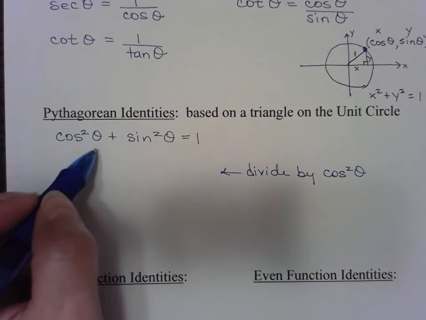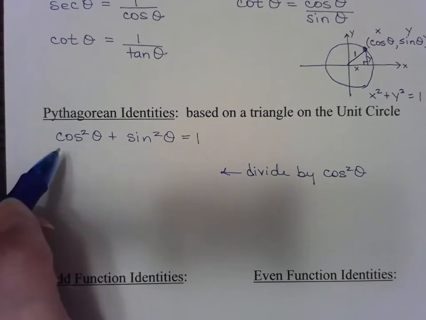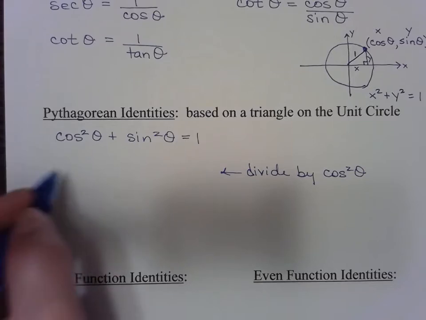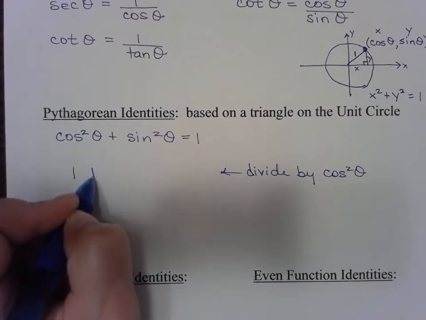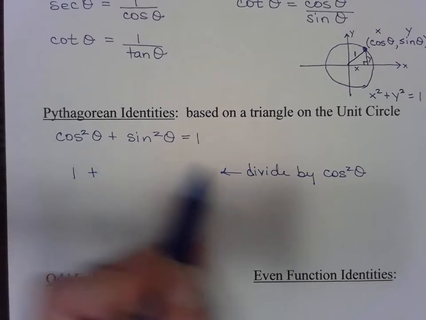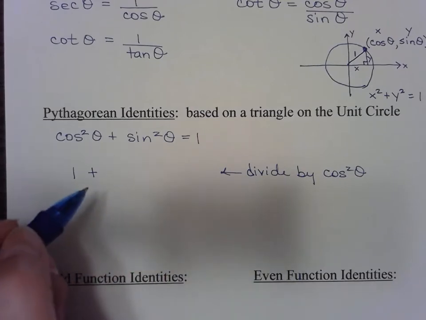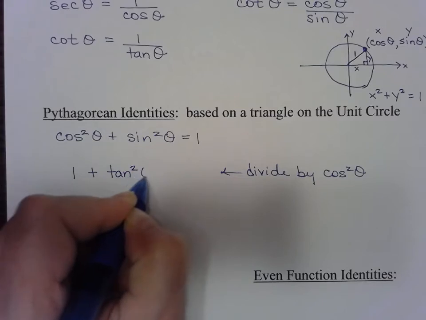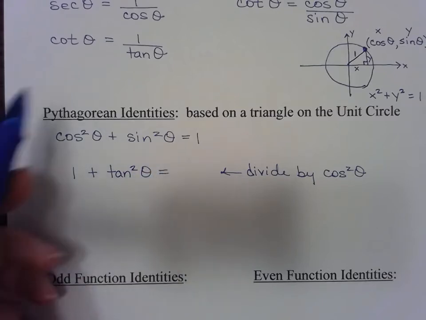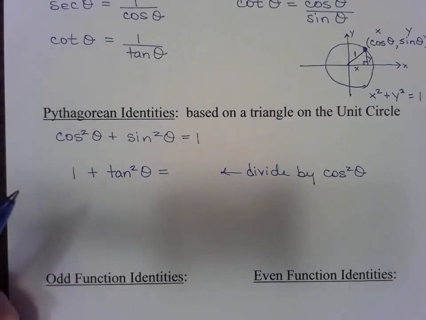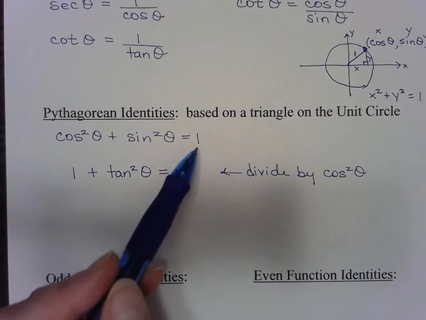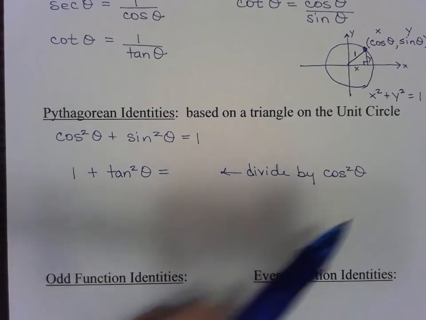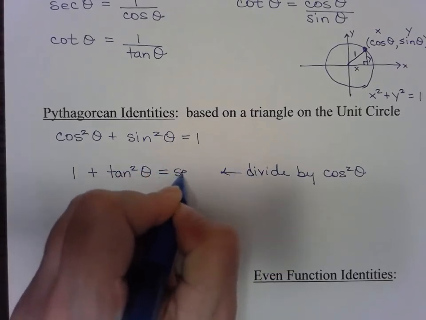I'm not going to write it out because I don't have enough space, but if I were to divide this by cosine squared, cosine squared divided by cosine squared would be 1. Sine squared divided by cosine squared would be tangent squared. We're using the identities we just wrote down up top as well. And then 1 divided by cosine squared would be the secant squared.